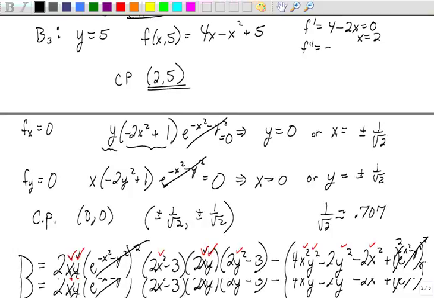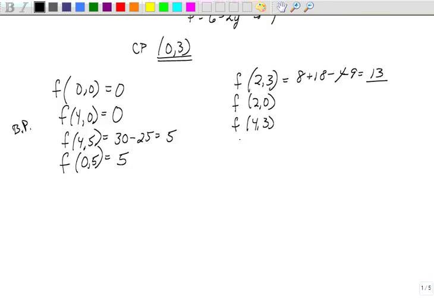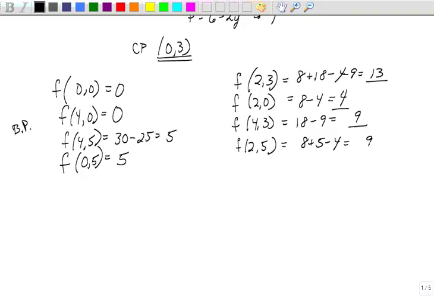We also have (2, 5). So f(2, 0) is 8 minus 4, which is 4. f(4, 3) is 18 minus 9, which is 9. f(2, 5) is 8 plus 5 minus 4, which is 9.